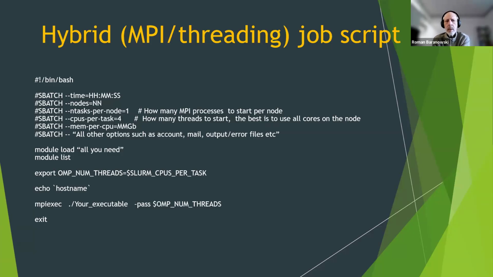And then I am asking how many CPUs per this MPI job I would like to spawn using multi-threading. And here the best practice is to basically use the full node.